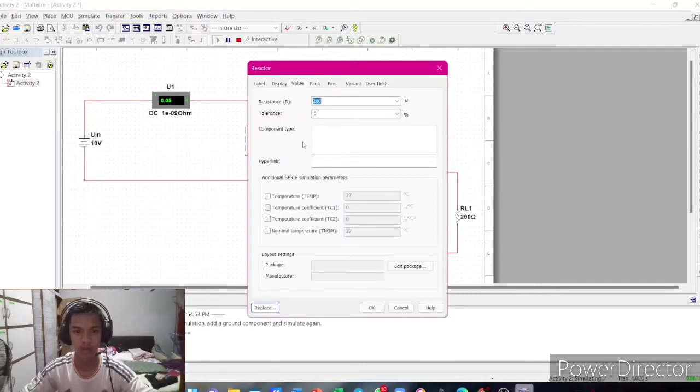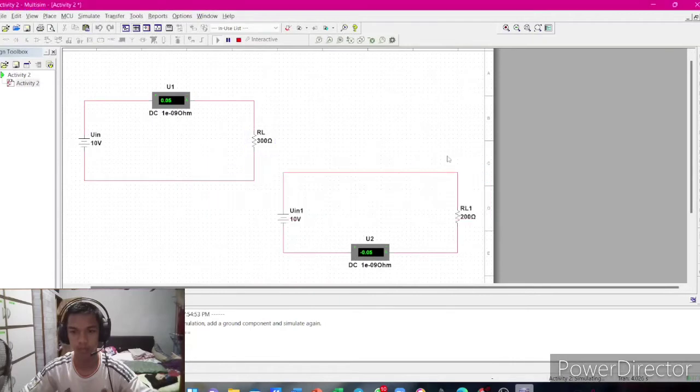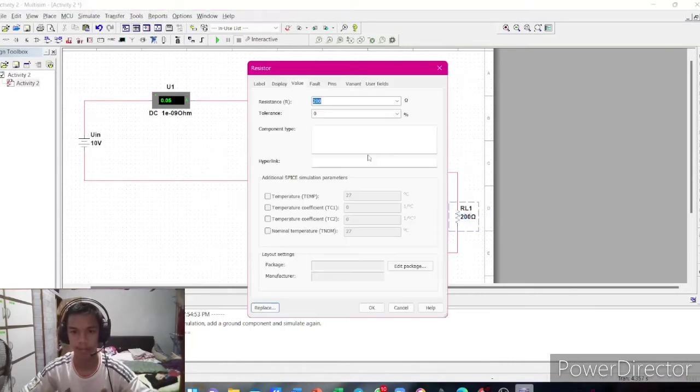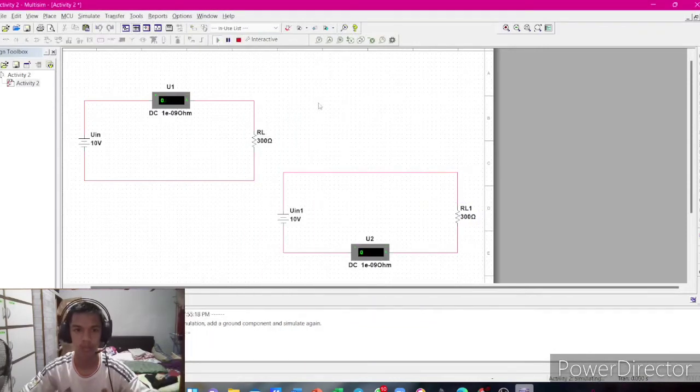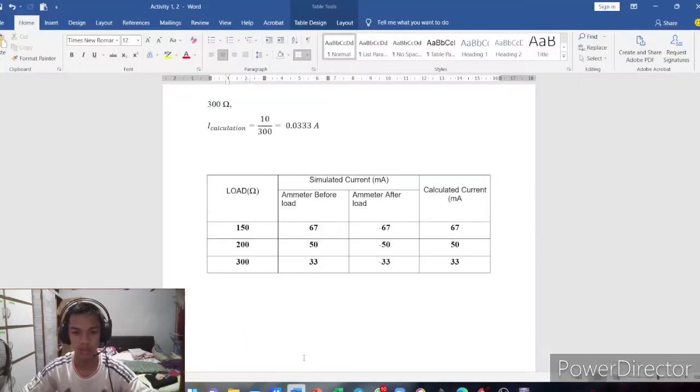So for the value 300 ohm, we get the value 33 milliampere. For after load, we get negative 33 milliampere. After we get the result, we can fill the table.